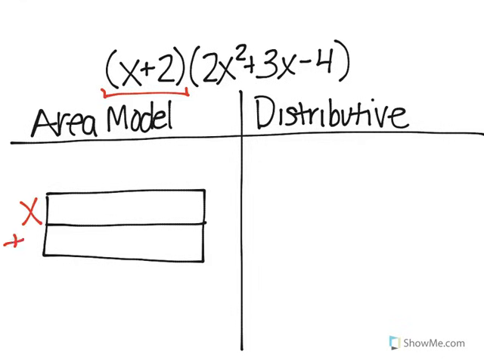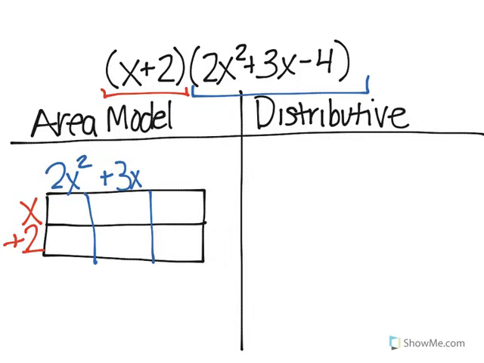So I have x and positive 2. I'm going to divide my columns into three columns because I have three terms, and label those three columns by my terms. My terms are 2x squared plus 3x minus 4.